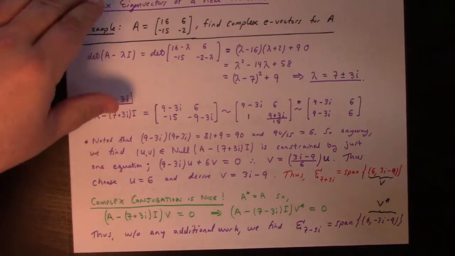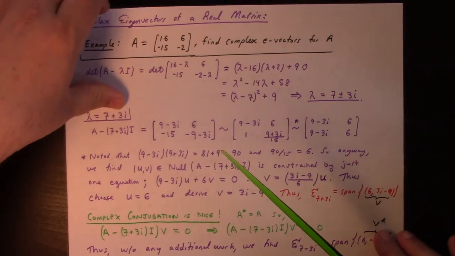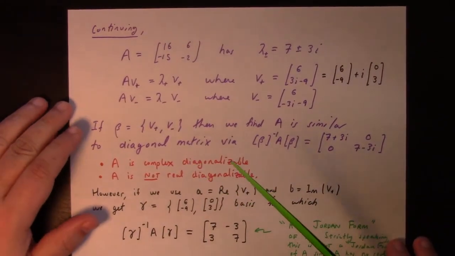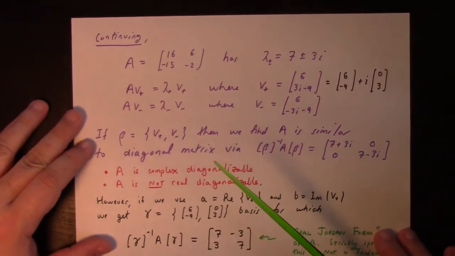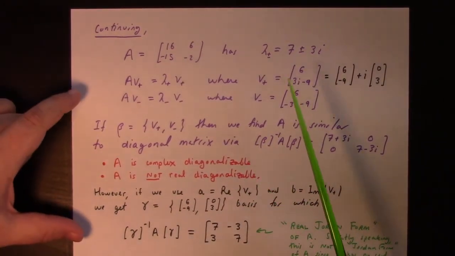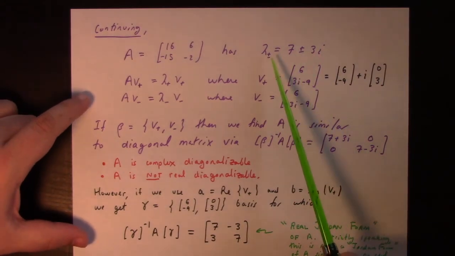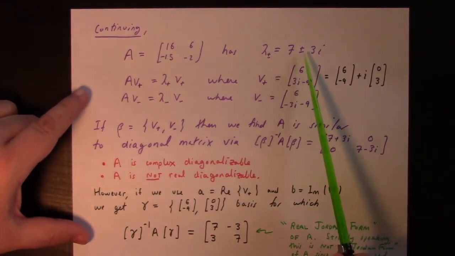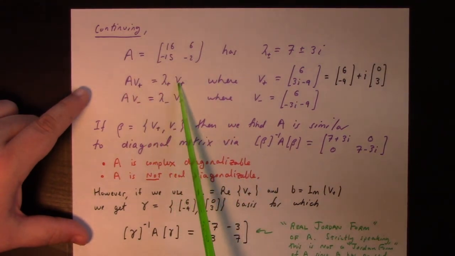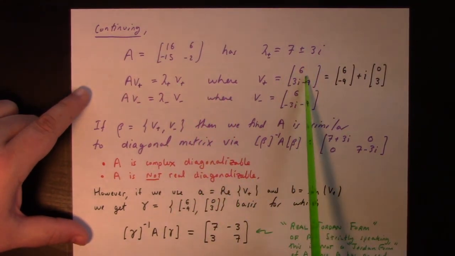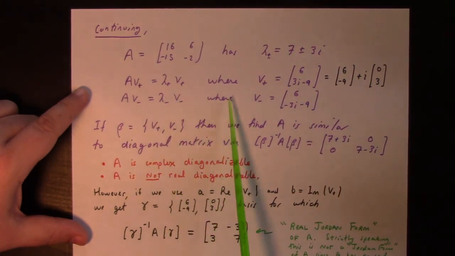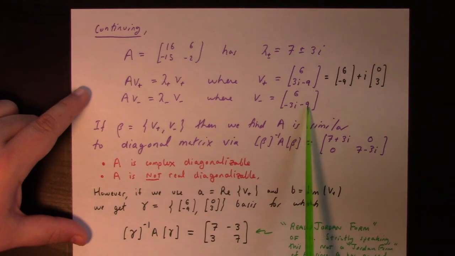Very cool. And so what does this all mean? Well, this means that the 2 by 2 real matrix, 16, 6, minus 15, minus 2, has eigenvalues, which I'll call lambda plus minus, 7 plus or minus 3i. In particular, we have A v plus is lambda plus v plus, where v plus is this complex vector, and A v minus is lambda minus v minus, where v minus is this complex vector.